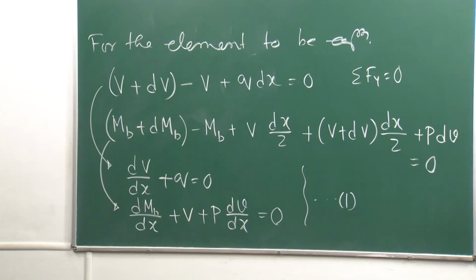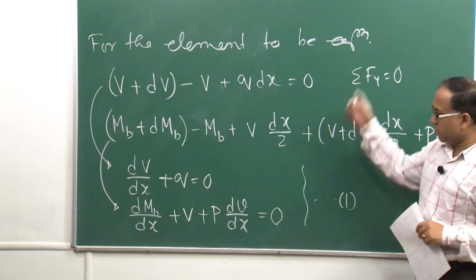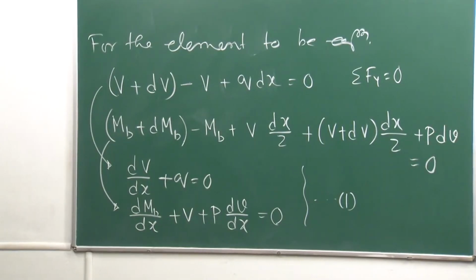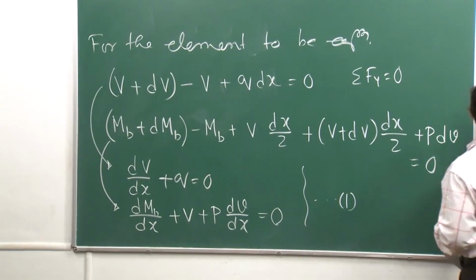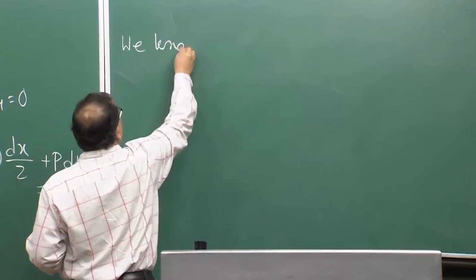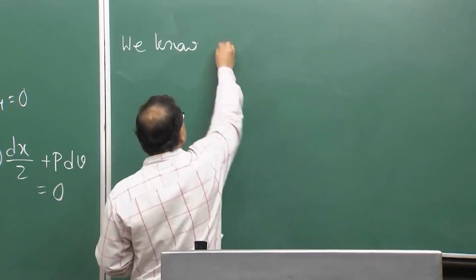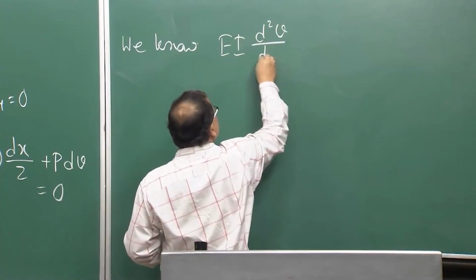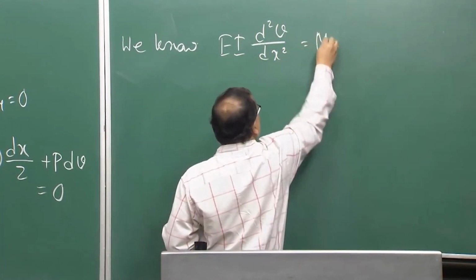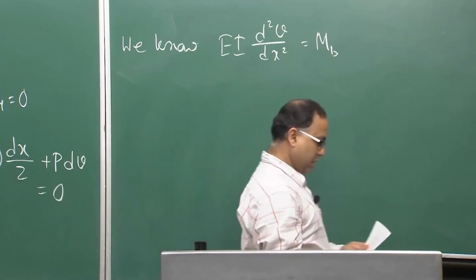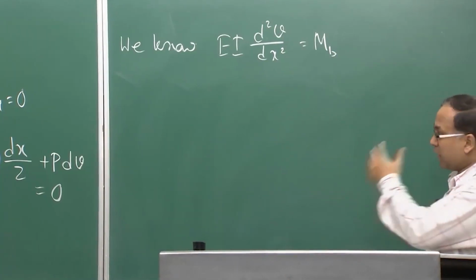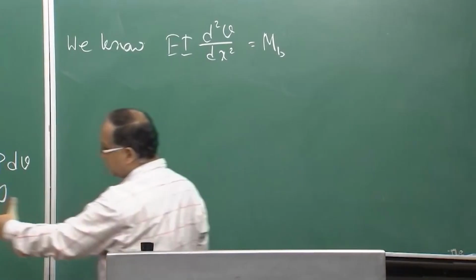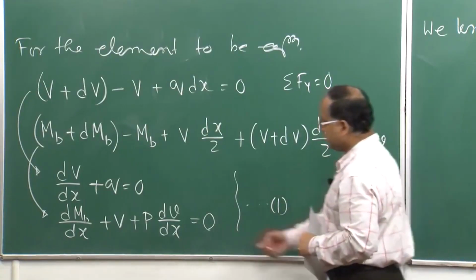So now we are neglecting the higher order terms. We already know from our previous discussion that EI d2v/dx2 equals MB, which we have already derived. Now we will put that relation here in the second equation.